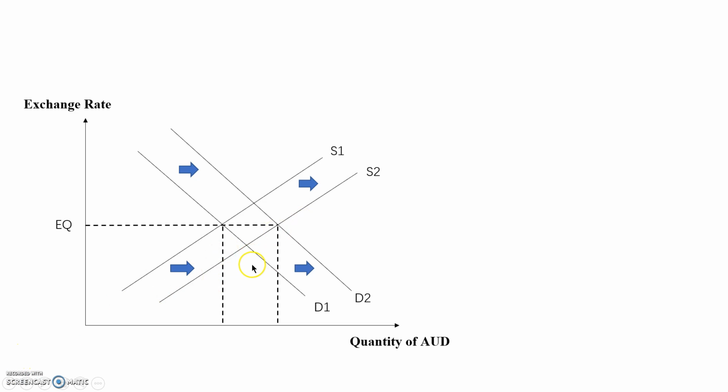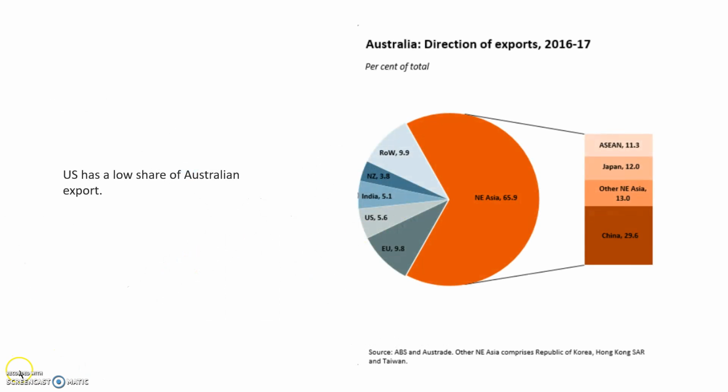But I personally reckon the supply curve has more influence than the demand curve here. I will show you some evidence I have got. Here is the Australian export pie chart, and we can see that America accounts for only about 5.6% of Australian exports. It's much lower than Japan and China. Therefore, the change in the demand curve shouldn't be larger than the change in the supply curve.